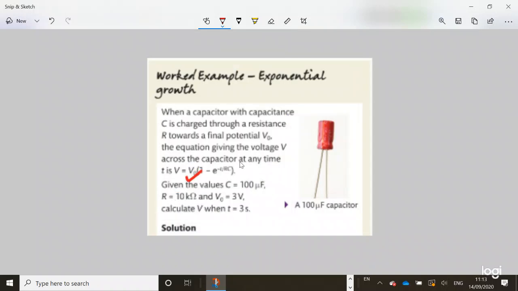So I know V naught. Do I know T? Yes, I know T. Do I know R and C? Yep. So now we know 10K is 10 times 10 to the power 3, or you can do 10,000 if you like. And then 100 microfarad is 100 times 10 to the power -6. Okay, so plug that in and see what you get.